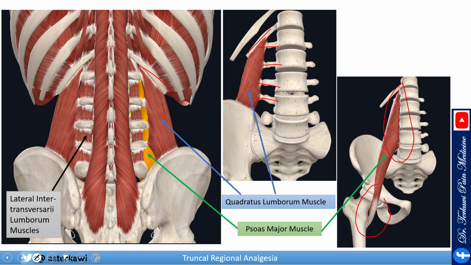When it contracts unilaterally, it flexes the trunk laterally. If it contracts bilaterally, it raises the trunk from supine position. So it's a very important muscle for the movement from sitting to standing and for flexing and external rotation of the hip.